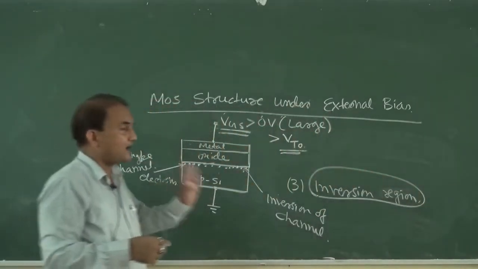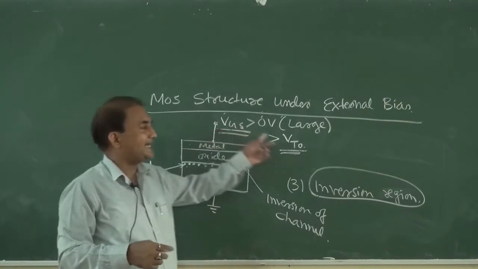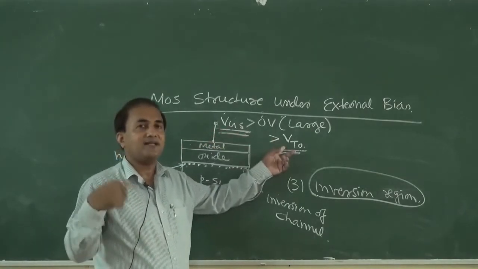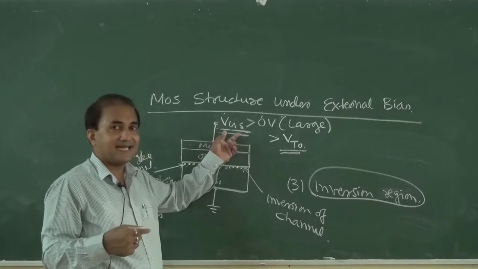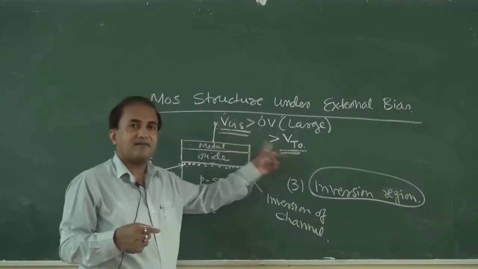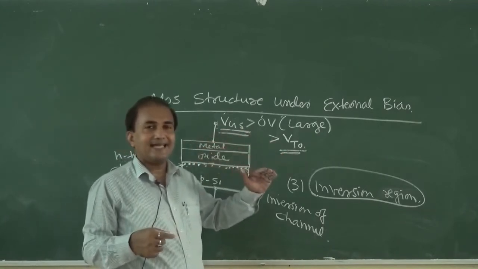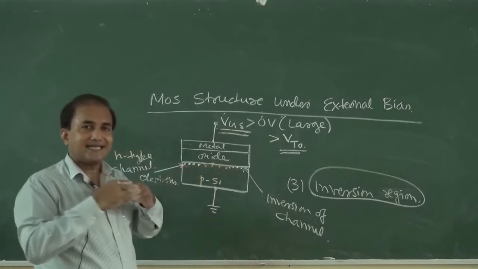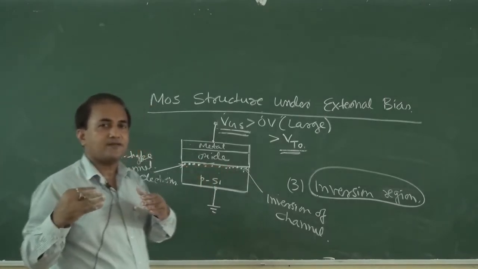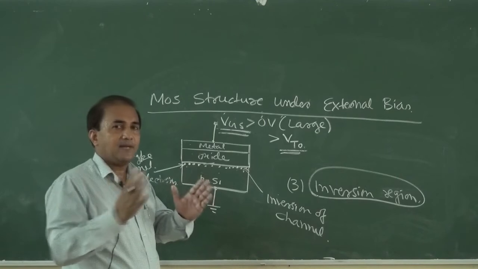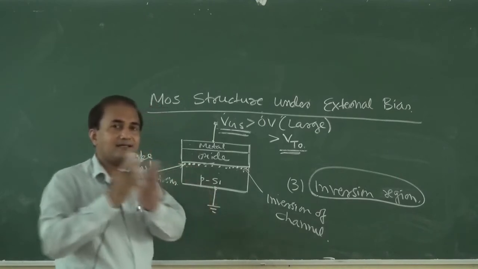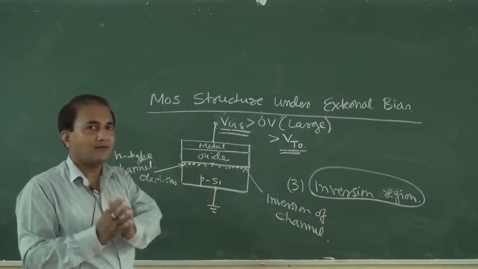So how is the inversion region created? When VGS is greater than VT naught, the threshold voltage of the device, only then is the channel created. Once a channel is created in an enhancement type MOSFET, conduction can take place between the source and the drain terminal of the device.